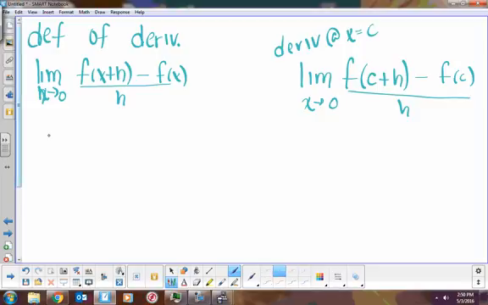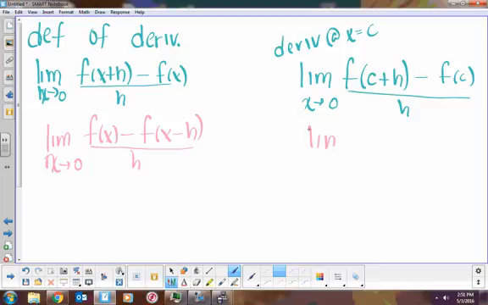Then we gave you another one, the limit of f of x minus f of x minus h all over h as h approaches 0.